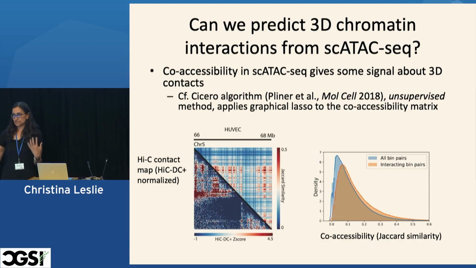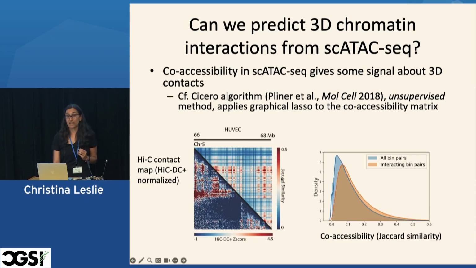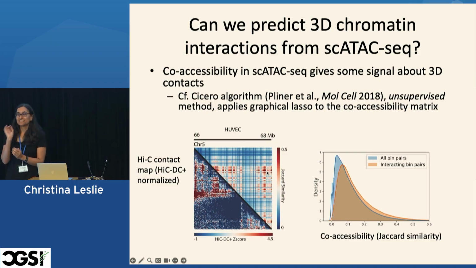So the idea is let's use a version of the co-accessibility matrix, do a statistical processing of that co-accessibility matrix, and predict interactions, okay? And they're just applying a graphical lasso approach to the co-accessibility matrix. Okay, is this gonna work?